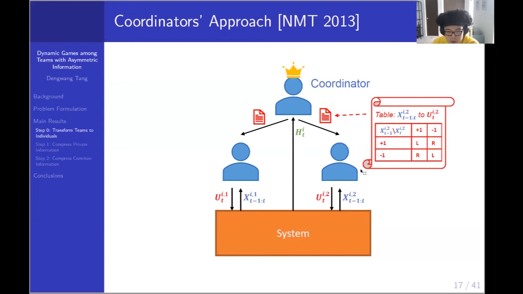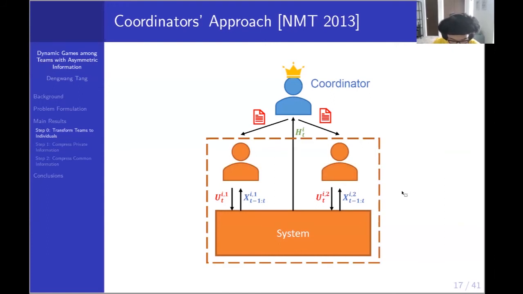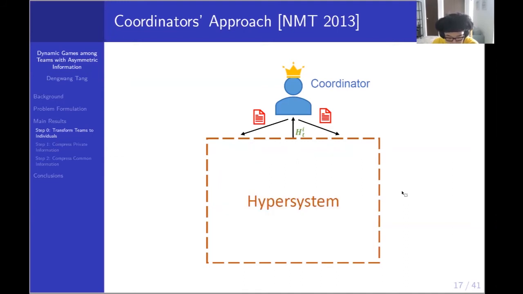The agents receive the prescription, do a table lookup, and find the corresponding action to take. By introducing this new decision maker, the members of a team are no longer individualistic decision makers with free will; rather, they are part of the system. Now we can view the system as a hyper system being controlled by the coordinator, where the coordinator's actions are prescriptions.